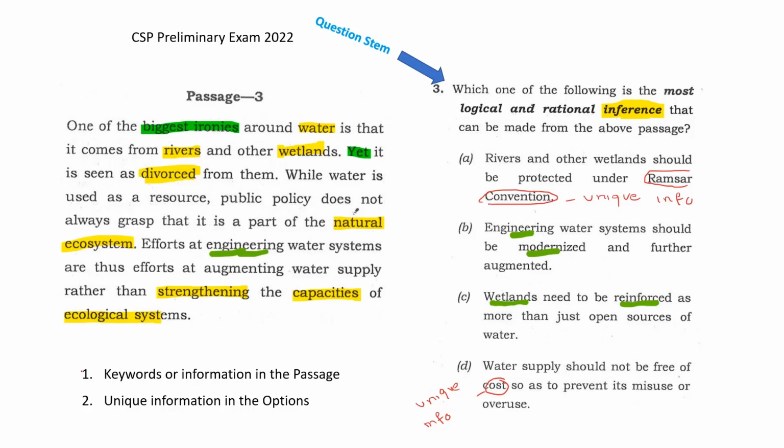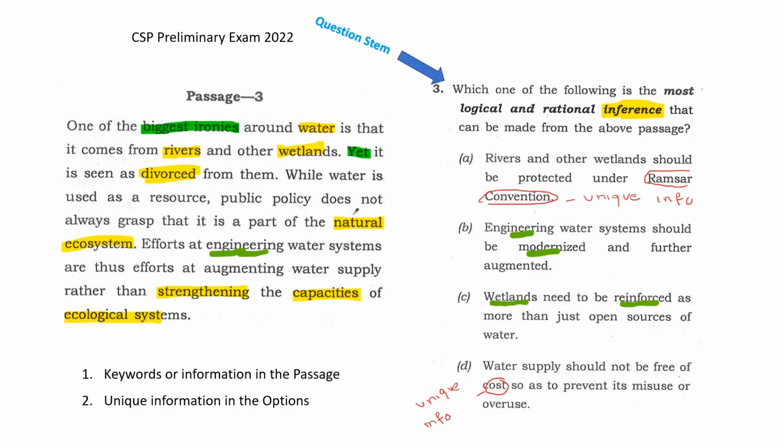Inference. So information, keywords. One of the biggest ironies around water is that it comes from rivers and other wetlands. Now the question here is, what are the general keywords?